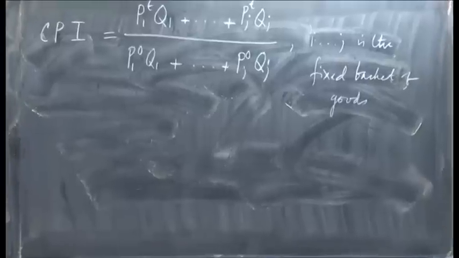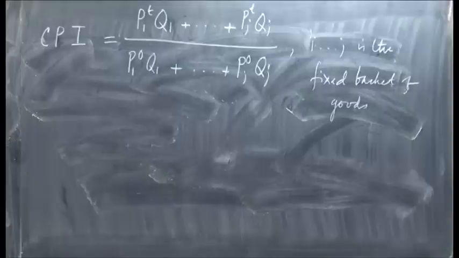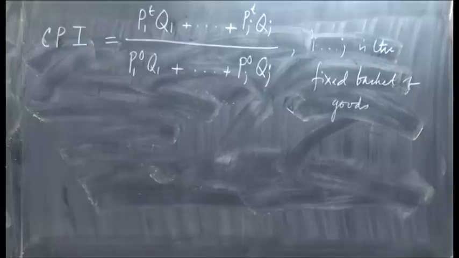Same method, nominal divided by real value. In case of multiple goods, the nominal value is in terms of current prices, the real value is in terms of a base period price, P10 decay. But the fixed baskets are there.